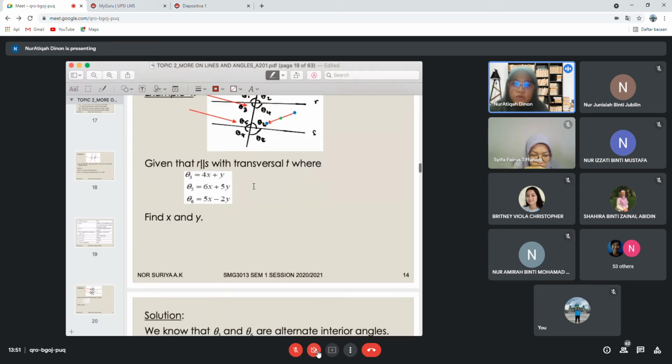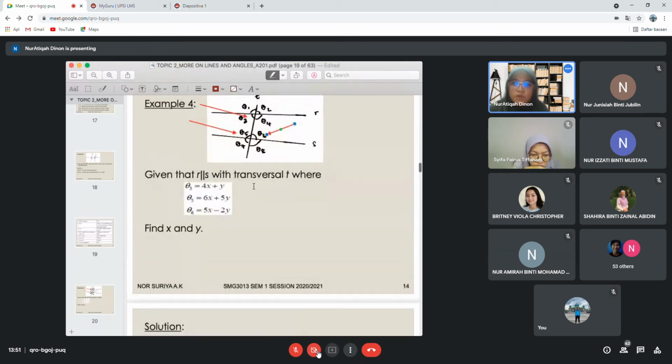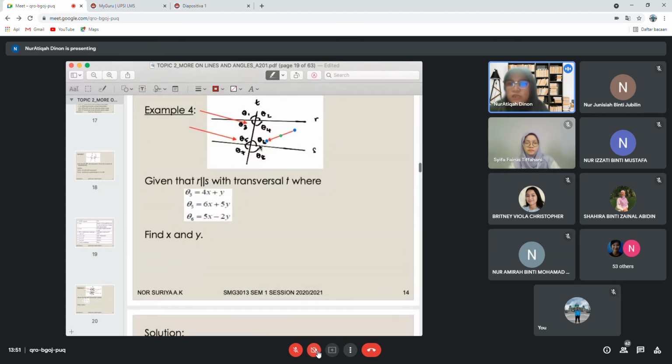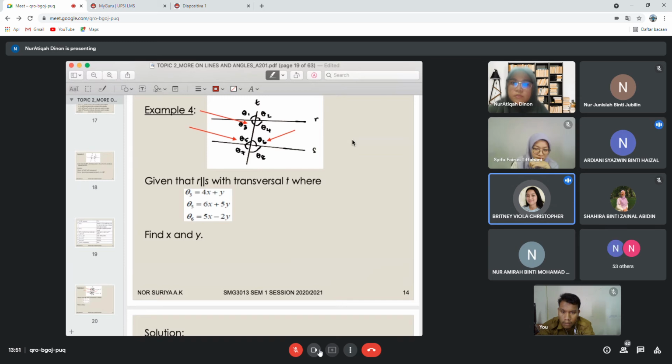Okay, so let's go through. What is the relationship between theta 3 and theta 6? Anyone? What angle is that? Do you remember? Theta 3 and theta 6 are a pair of what angle? Alternate interior angles.